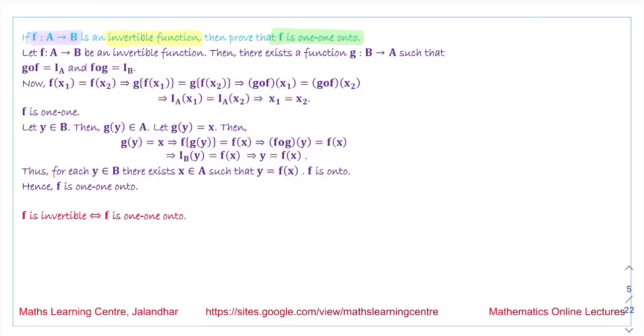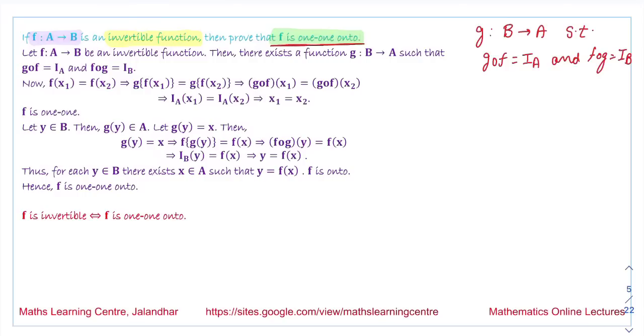So if f from A to B is an invertible function, it means there exists a function g from B to A such that g o f is equal to the identity function in A and f o g is the identity function in B. Now we have to prove that f is both 1-1 and onto.